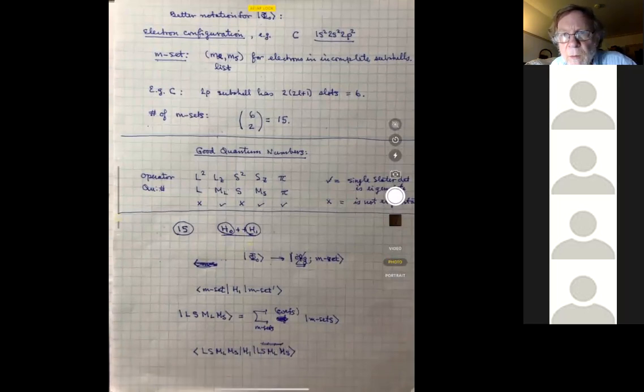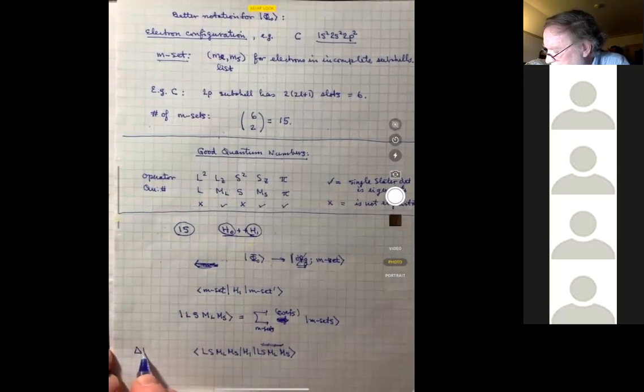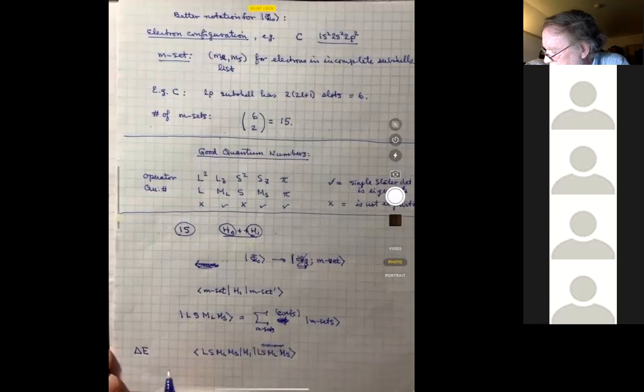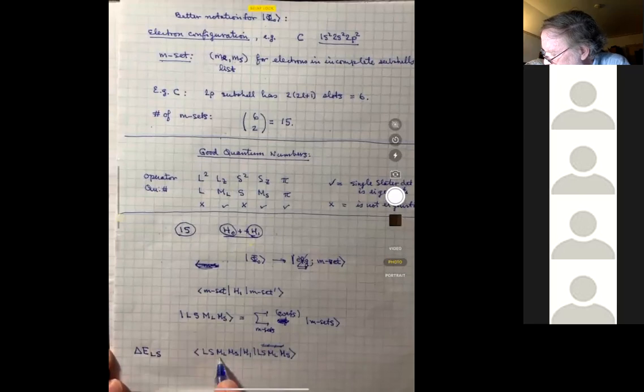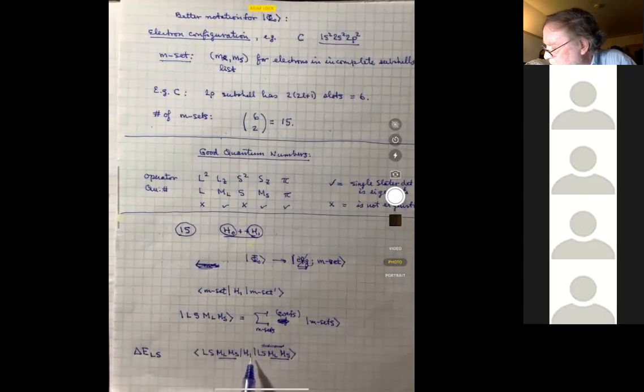And so once again, we get away without having to diagonalize matrices and doing a degenerate perturbation theory. And as far as the energy shifts themselves, let's call them delta E. What do they depend on? They depend on L and S, but they don't depend on the magnetic quantum numbers because of rotational invariance, the Wigner-Eckart theorem, the fact that this is a scalar operator. H1 is a scalar operator.